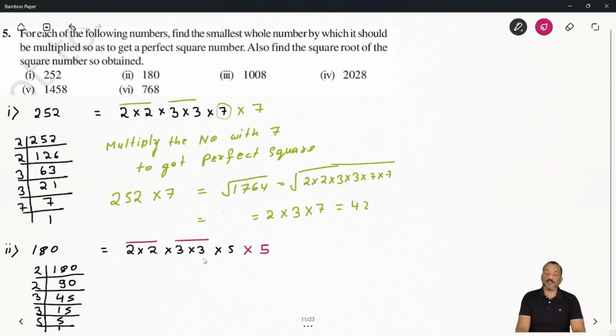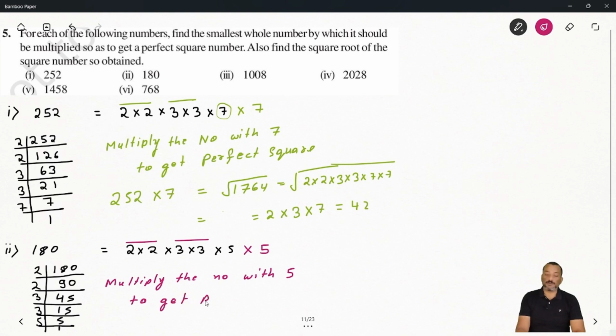So which means here we have to multiply the number with 5 to get a perfect square.